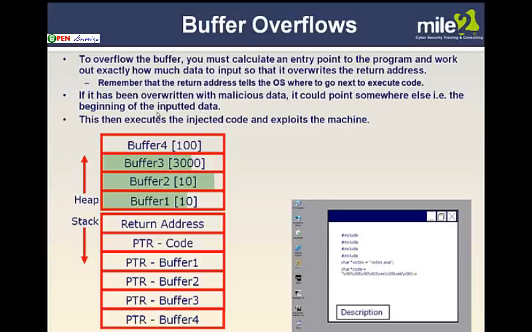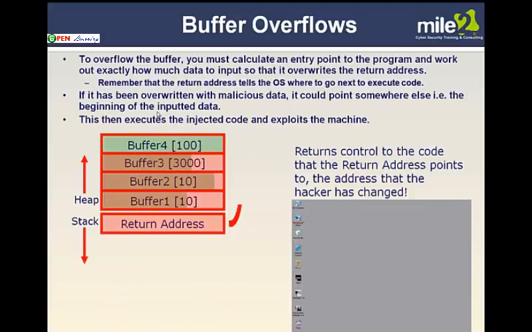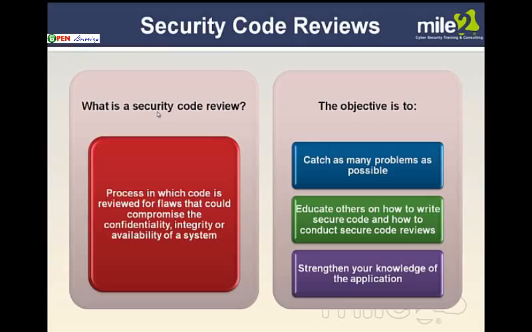So it could be malicious code that's designed to do this, or just simply putting in too much information. And therefore, they've altered it. It returns control to the code that the return address points to, the address that the hacker has changed.